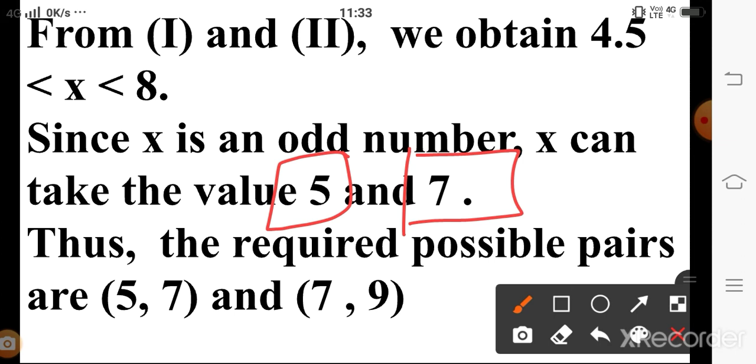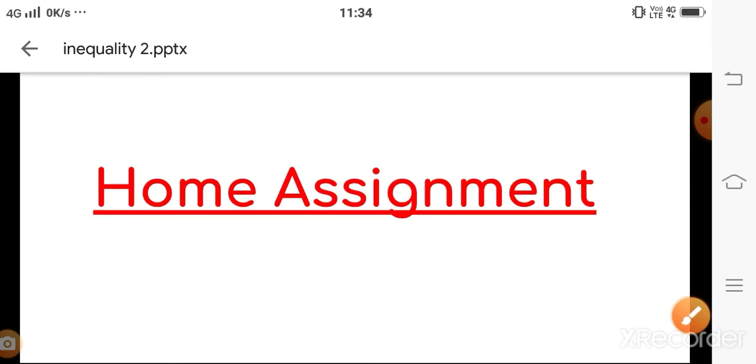The required possible pairs are as follows: if we consider x as 5, then x plus 2 is 7, and if you take x as 7, then x plus 2 is 9. These are the required solutions.